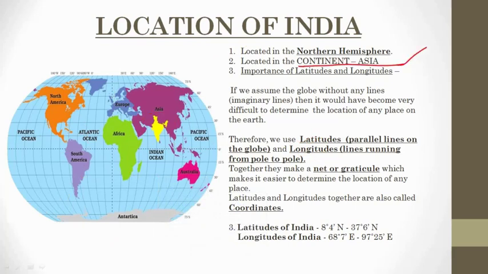Now we are about to find the specific location of India with the help of some tools, and these tools are going to be the latitudes of India and the longitudes of India. Because without these tools, we are unable to find the location of any place or any specific region on this earth.